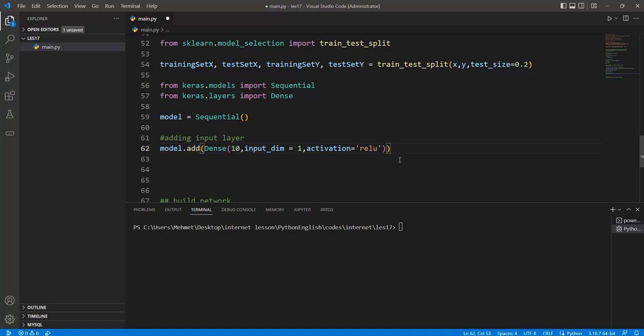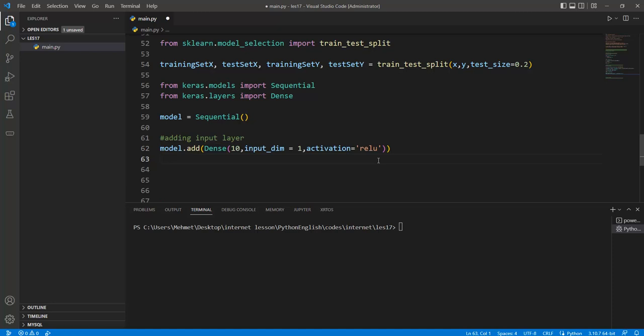If the output coming from the input and hidden layer is smaller than 0, then ReLU creates a 0 value. But if it's bigger than 0, then the linear value is transferred to the next level.